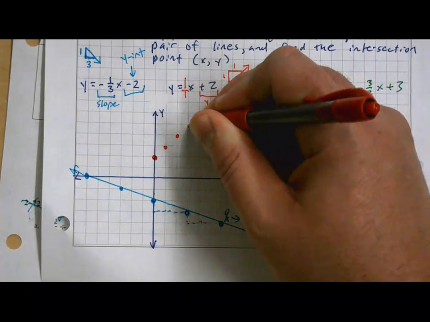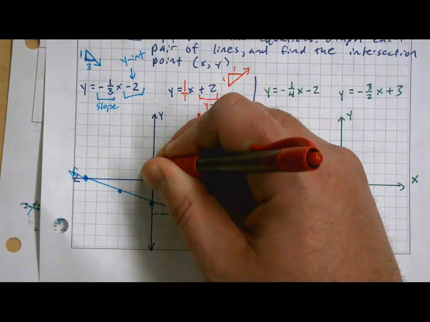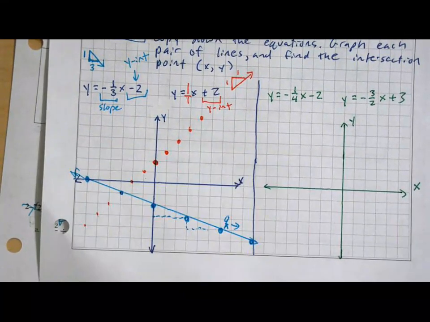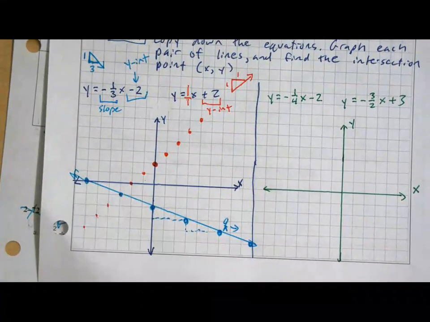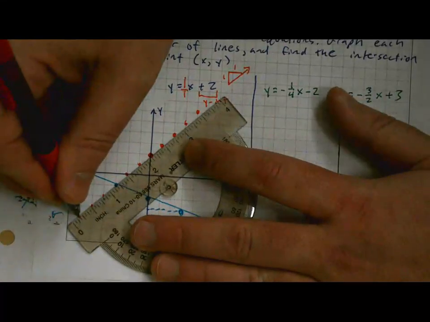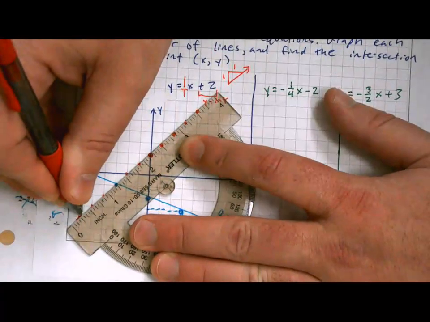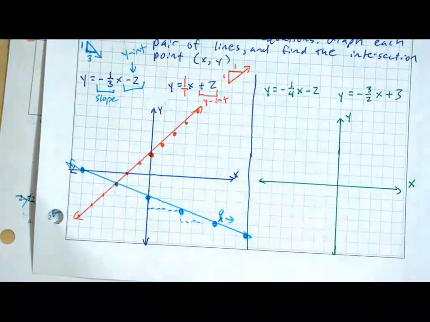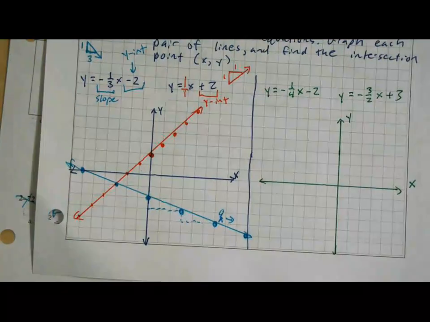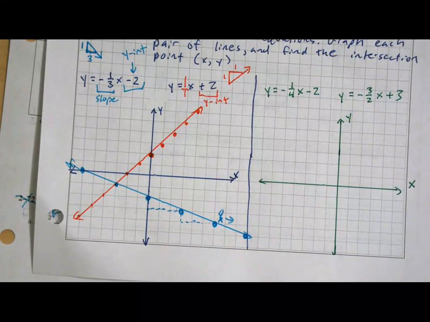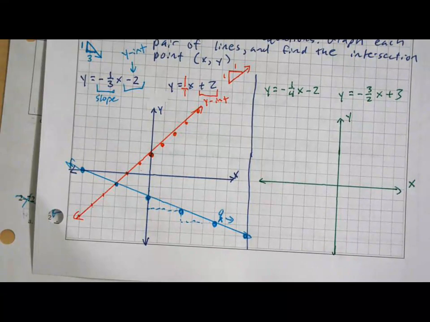Continue doing that until you run off the edge of your graph, and then reverse it and go in the opposite direction. Then go ahead and draw your line. All right, any questions on that first problem?